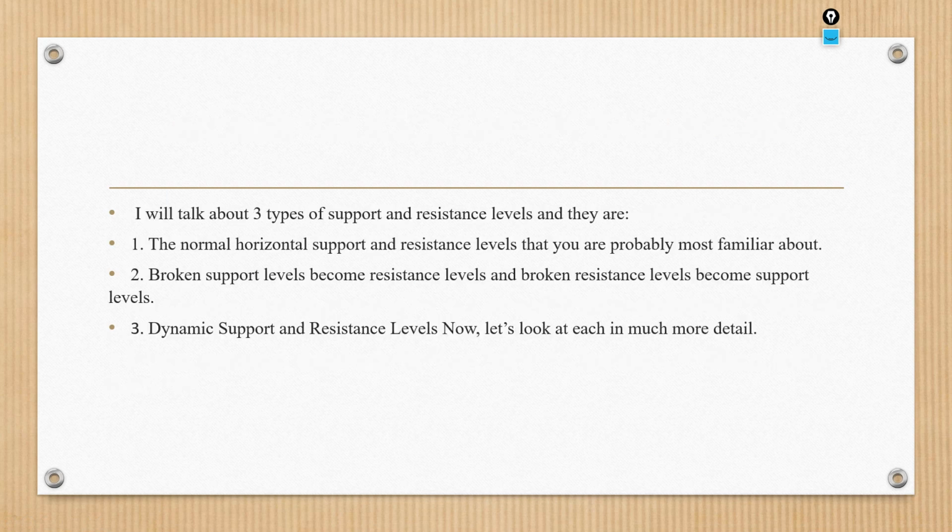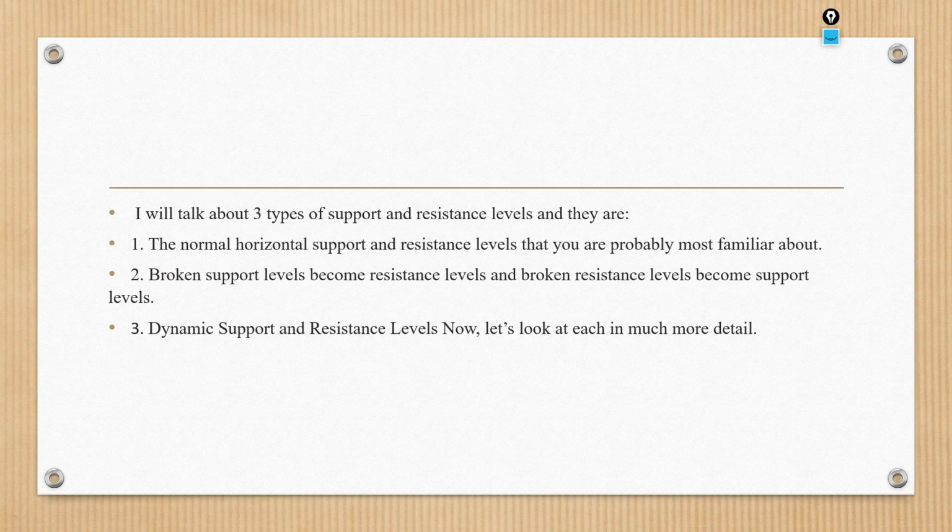So let's continue, guys. I'll talk about the three types of support and resistance. This is something that I'll talk about deeper in the intermediate, because here in the beginners, we're getting acquainted with the knowledge. In intermediate, we'll add more and dig deeper.